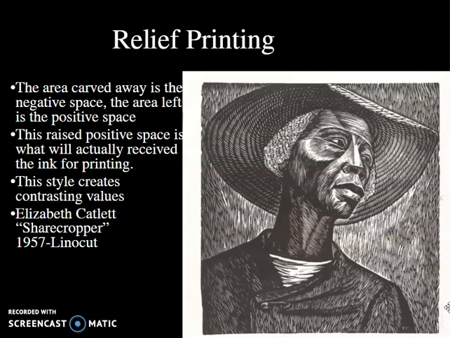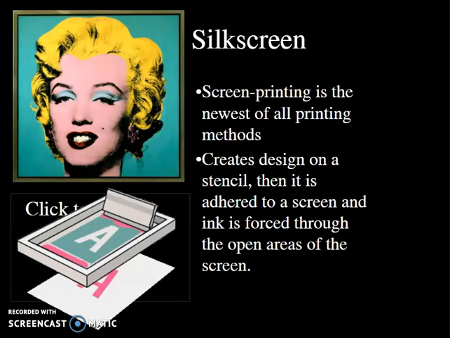You're not just drawing. The newest form of printmaking, which I can guarantee all of you probably have in your closet, is silkscreen. That is essentially like some of the graphic t-shirts that you have been wearing. Anything that you have ever had printed, maybe your sports teams have gone to the sports center and gotten some shirts printed, or a club. This is the newest of all the printmaking methods, and you're essentially creating a stencil design that you adhere to a screen, and you can see through this image.